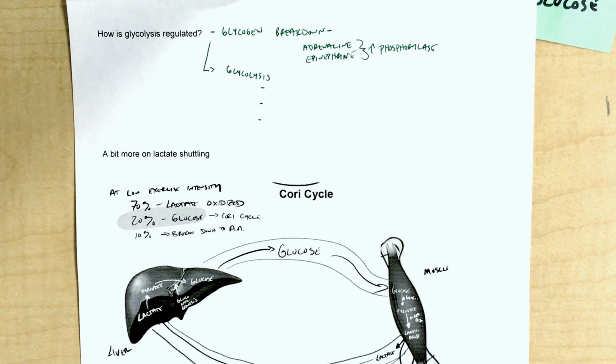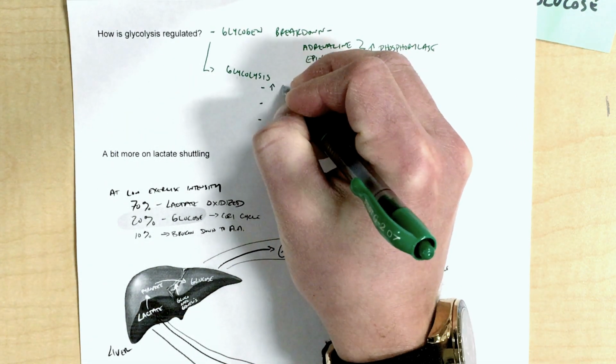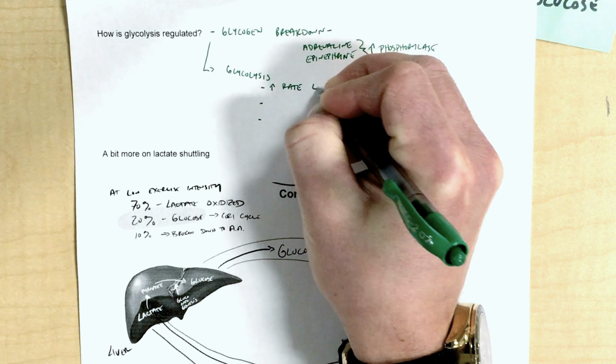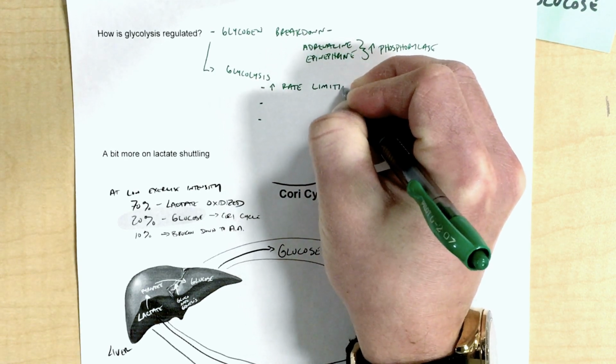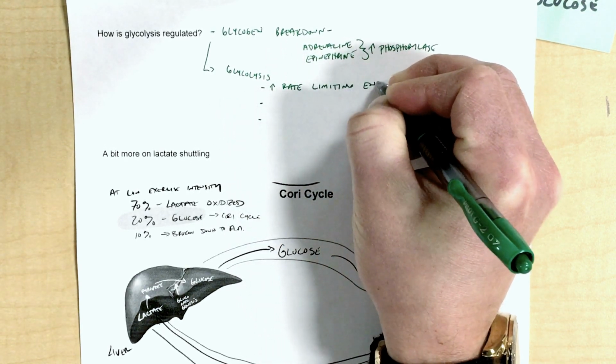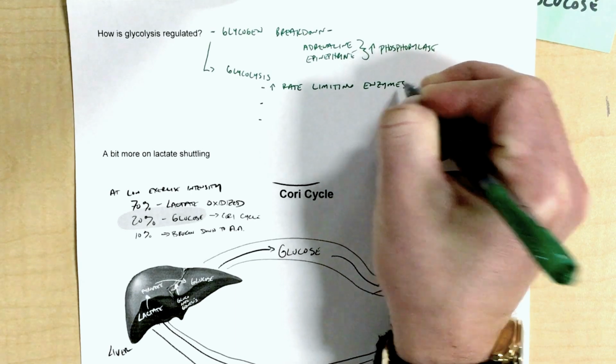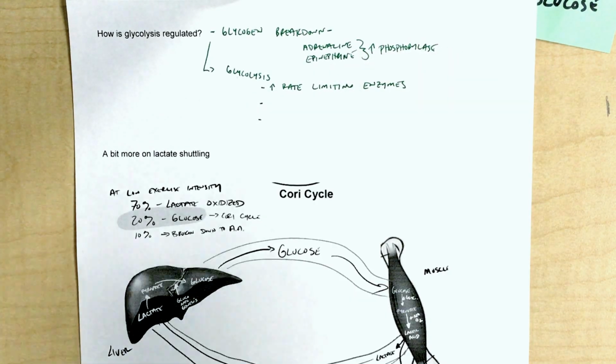PFK are rate-limiting enzymes. So we can increase glycolysis by increasing our rate-limiting enzymes. You could have all the glucose in the world, but if you don't have enough of your rate-limiting enzymes, you're not making any ATP.